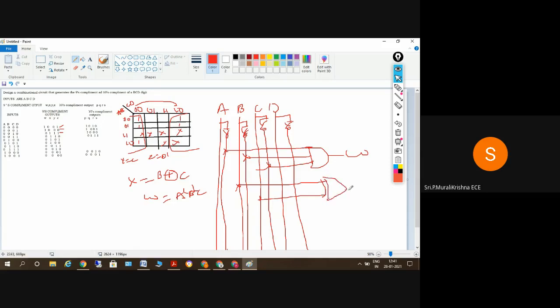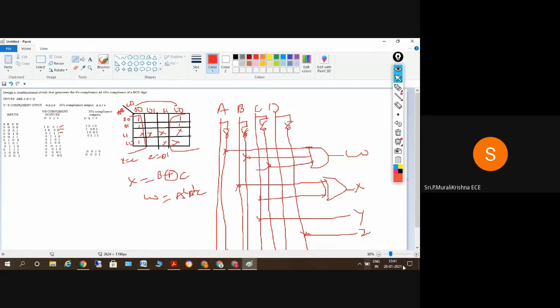This is X. Okay, and so Y is equal to C. So this is Y. Okay, and Z is equal to D bar. This is D bar here. This is Z. Okay, this is all I have to do.